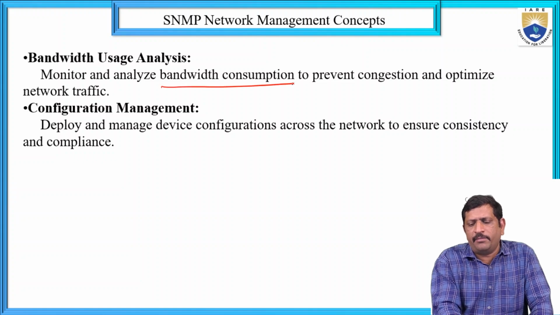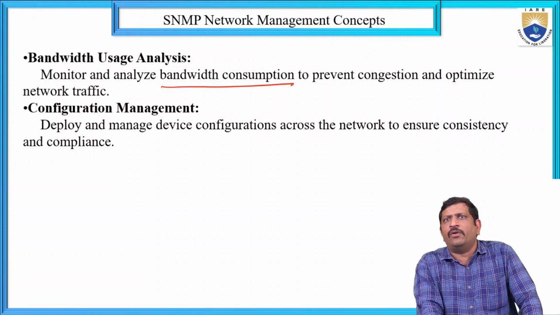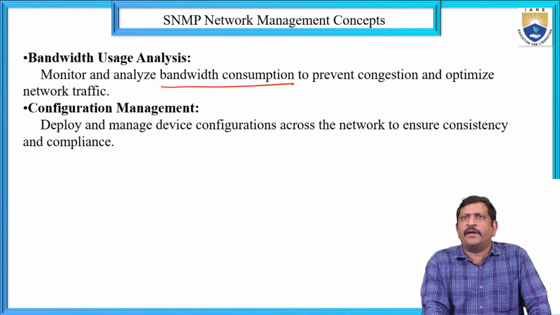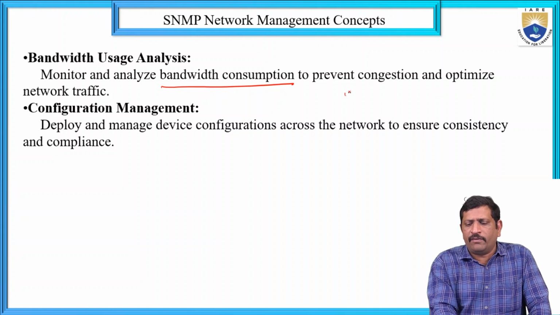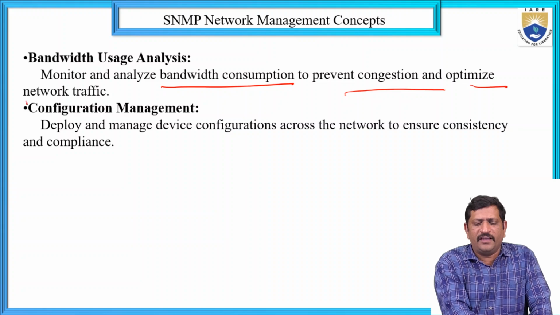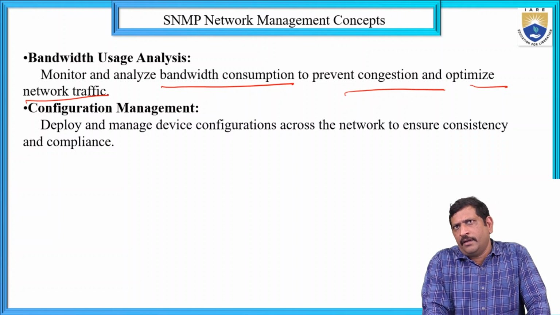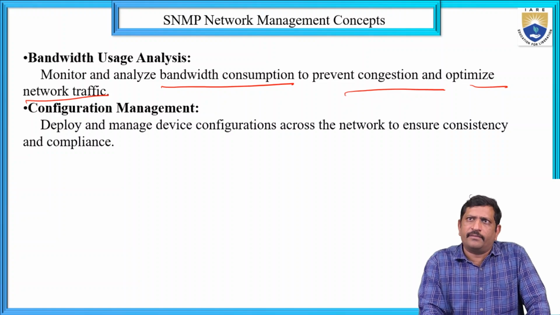The speed can be increased between the source and destination to prevent congestion and optimize network traffic. Whatever network traffic arises in data transmission can be prevented.